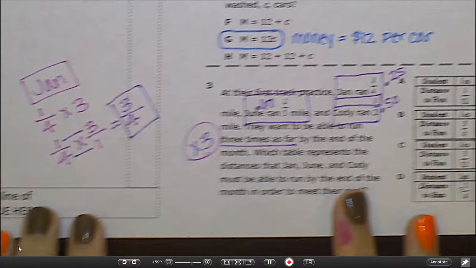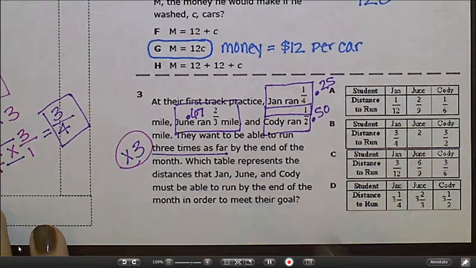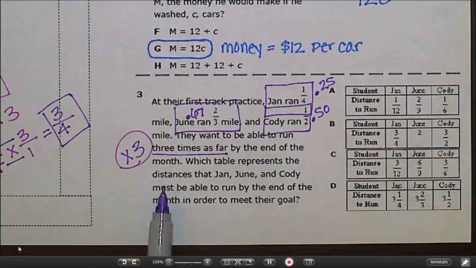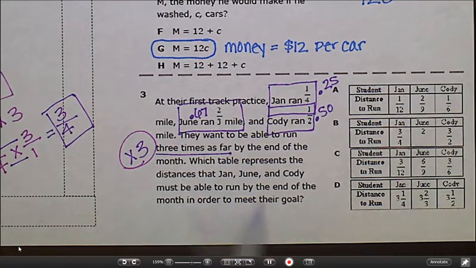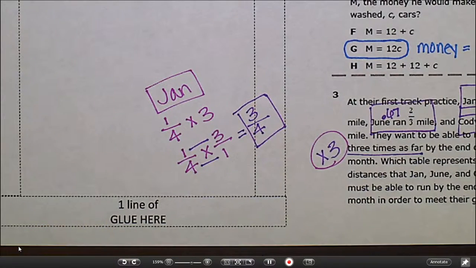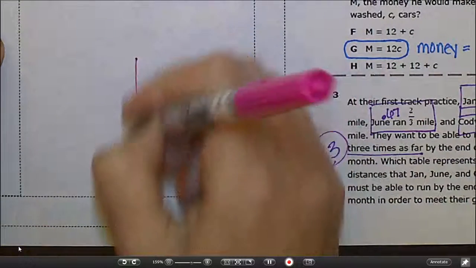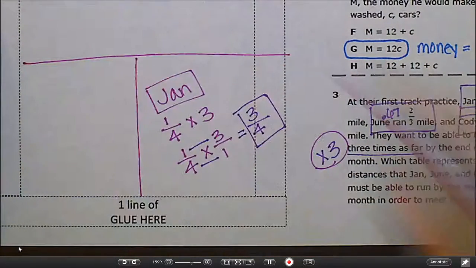Now, I know that there's only one answer choice over here that would work for Jan, but I still need you to go ahead and prove June and Cody. Let's give ourselves some space here.